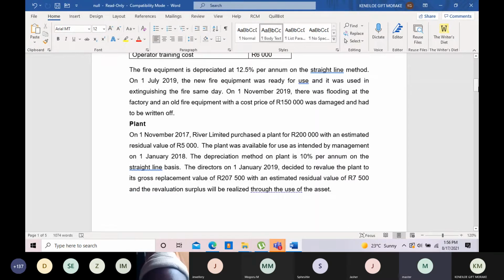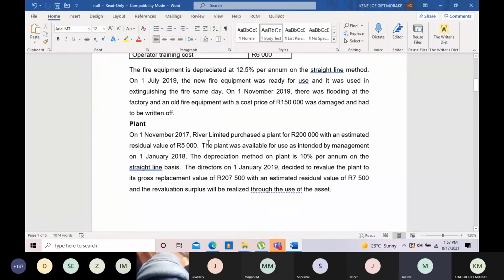There's something very important I need to teach you about the plant. They said on the 1st of November 2017, River Limited purchased a plant for 200,000 rand with an estimated residual value of 5,000 rand. Meaning you subtract there. You take the 200,000 minus 5,000, you get this amount, and then you multiply using the percentage of 10%.